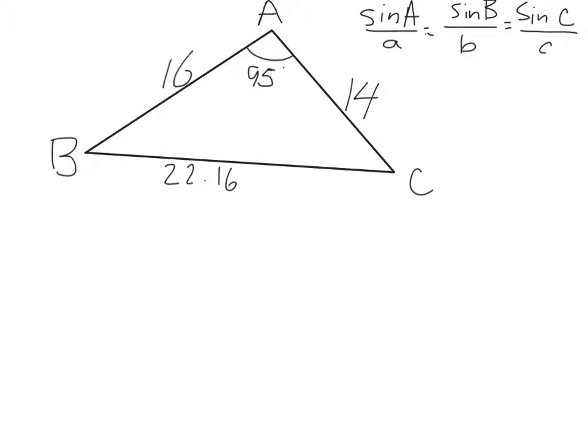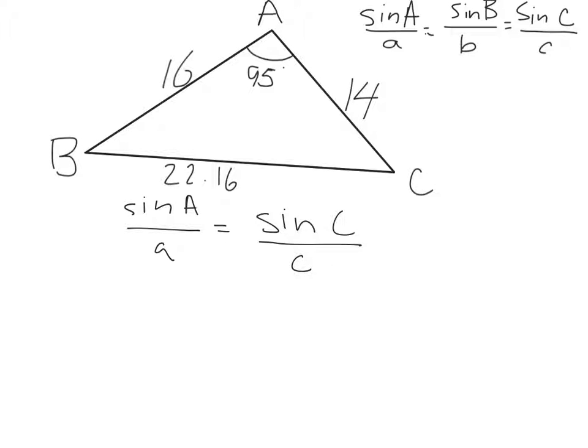And usually I like to find the biggest missing angle first, and that's obviously across one of the biggest sides. So I want to find angle C because 16 is bigger than 14. So the formula in this case would be sine of A over side a is equal to sine of C over side c.